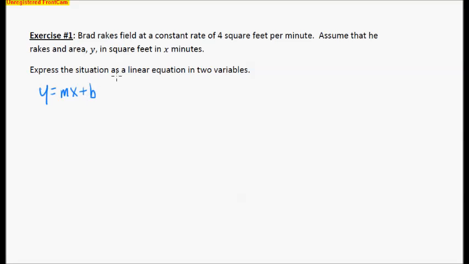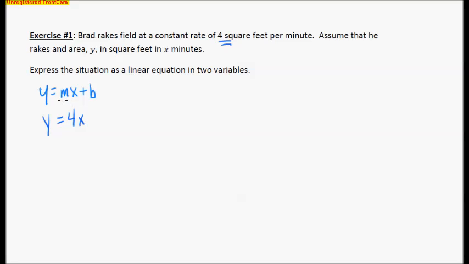And the slope is just going to be equal to the constant rate at which he works. So that 4, they tell me that's a constant rate of 4. I'm going to plug that 4 right into where we have our m. Now what would be my y-intercept?